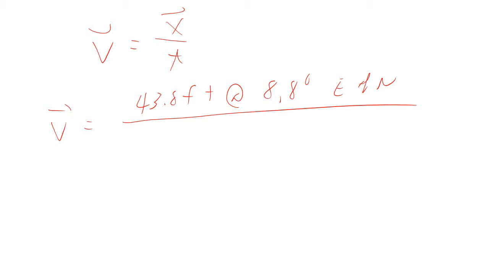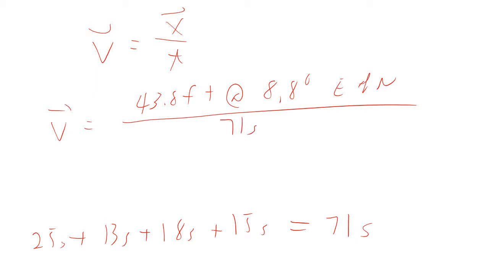The total time, remember we said vector A was 25 seconds, vector B was 13 seconds, vector C was 18 seconds, and vector D was 15 seconds, so all that adds up to 71 seconds. So we divide by 71 seconds.